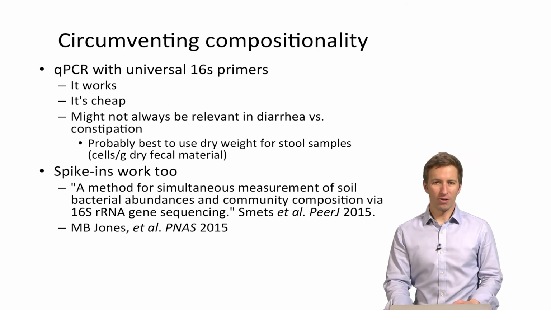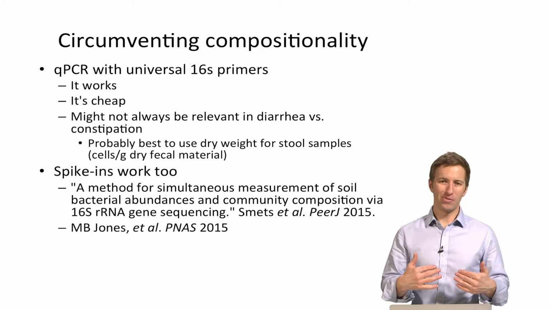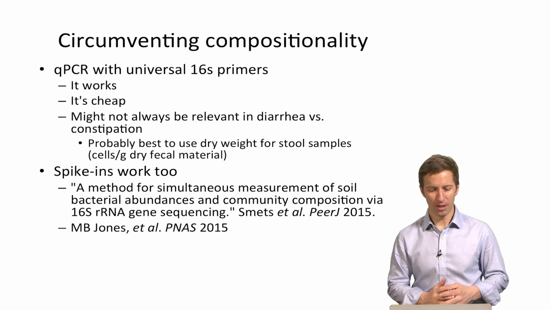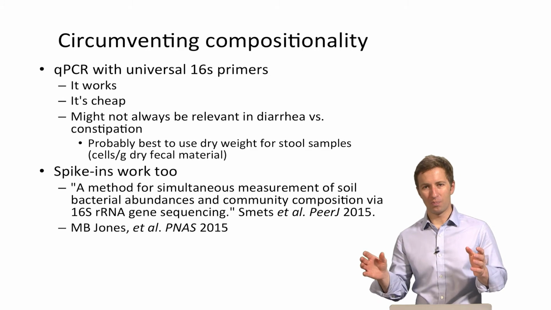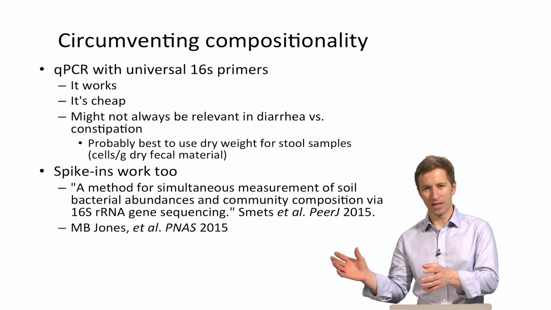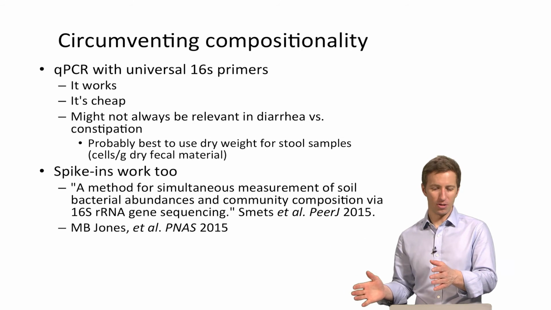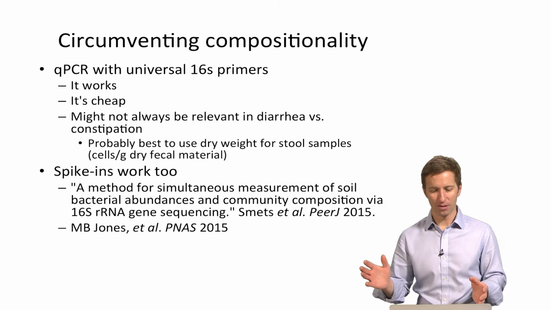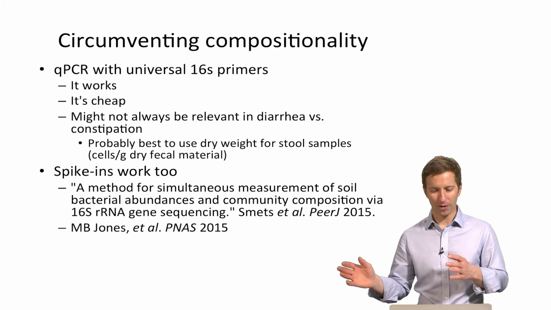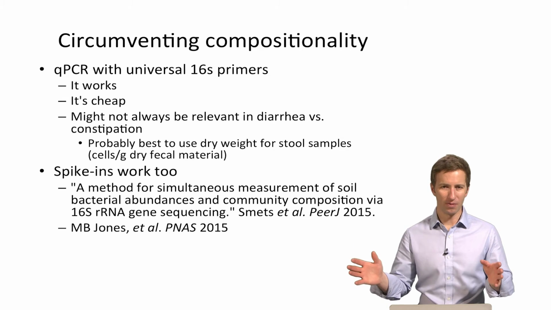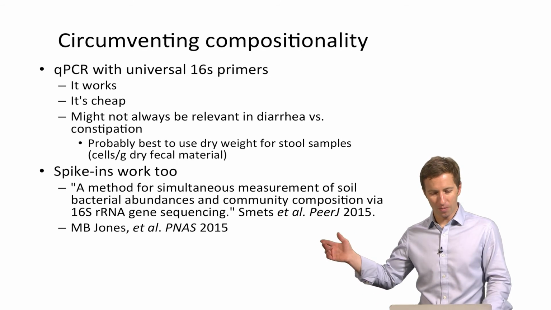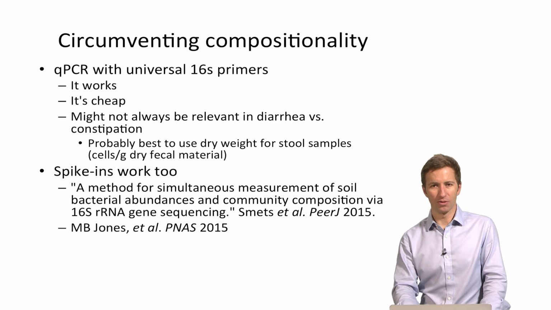Another thing you can do is just spike in a known quantity of a bug that you're pretty sure is not in the community. And you could do this prior to extraction by spiking in actual cells of that bug, or you could do it after extraction by spiking in the DNA. It probably makes sense to do prior to extraction at least, but maybe even both of them with different types of bugs. And here are a couple references where that's actually been shown to work.